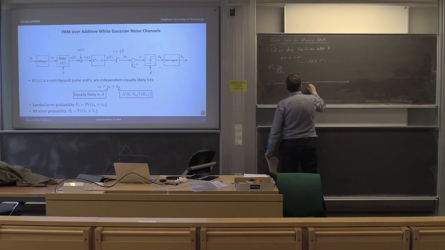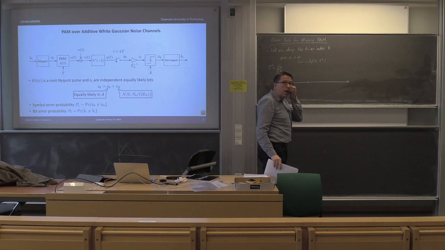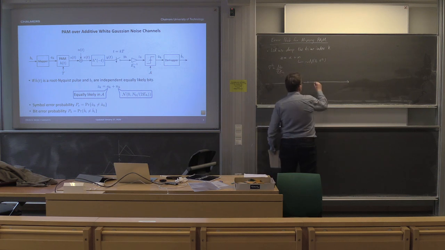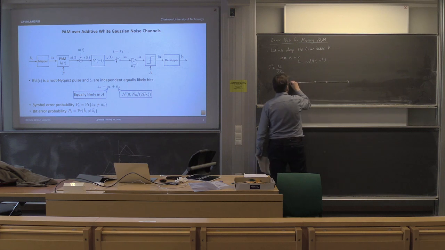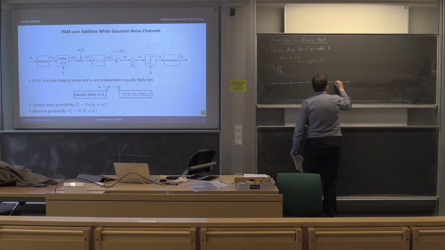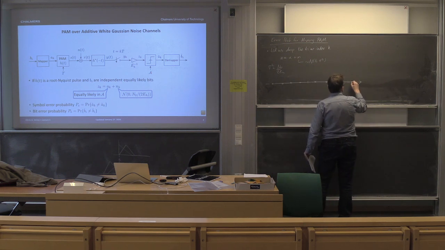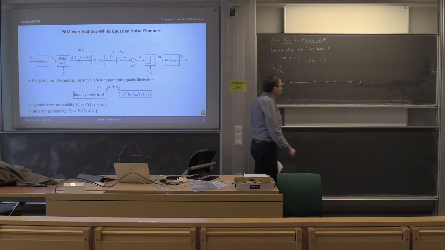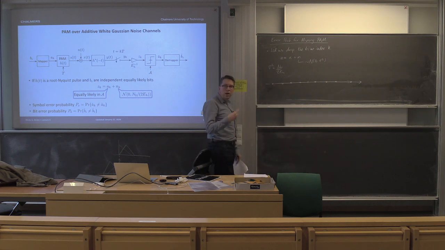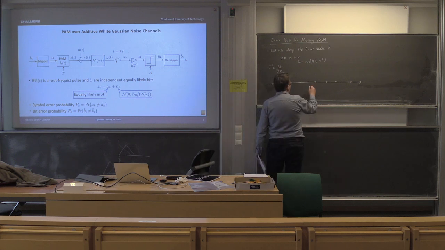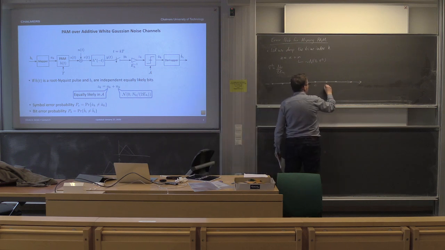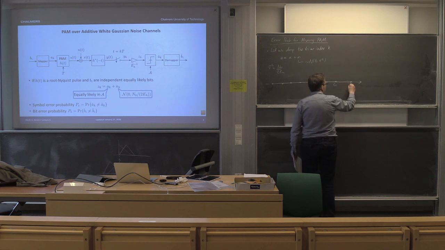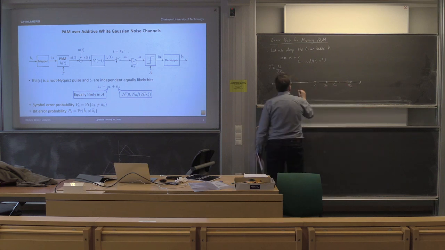So suppose we now have 8-PAM, then we need 8 points. So we have 8 points here, equidistantly spread here. So the points are C, 3C, 5C, and 7C, and then symmetric.